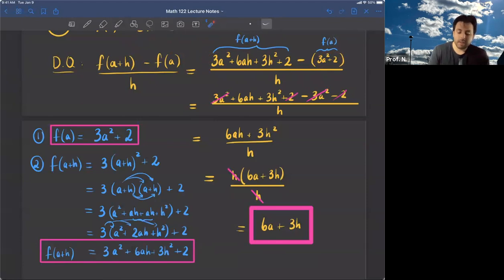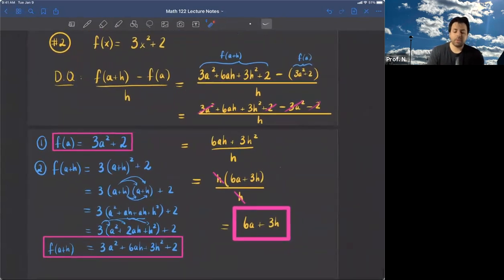Then we distribute the negative to the second expression and cancel out all the terms that can be canceled out. I'm left with something in the numerator that only has an h in it. I factor out the h so that the h's can be canceled out, and the result is my difference quotient.